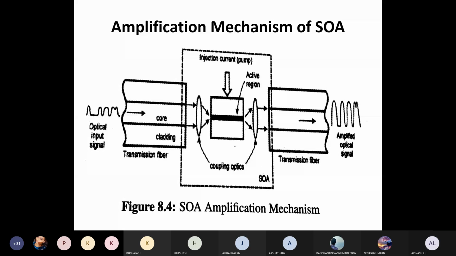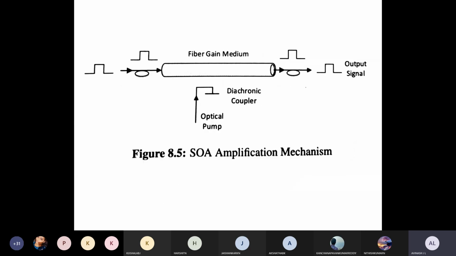While it is moving, it will get some small amount of laser light developed, and then the energy of the signal will be increased gradually, and amplification will be achieved in a very good way. So this is all about the amplification mechanism of SOA.